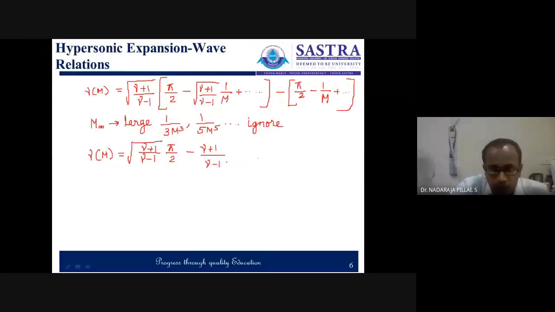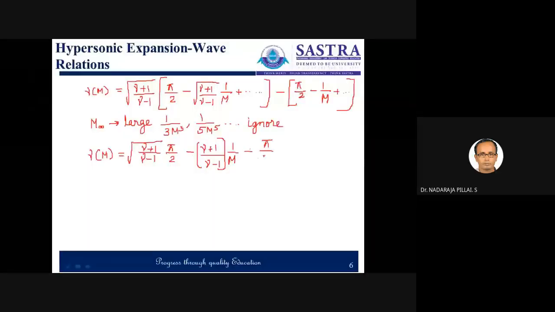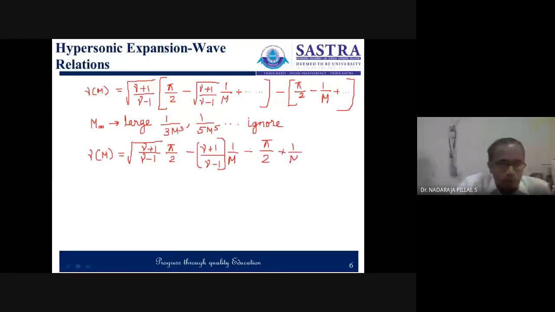Minus, if you multiply gamma plus 1, it will become gamma plus 1 multiplied by 1 by m, plus, okay, then we go to the next point, pi by 2, right? So this is the equation we have now, mu of m, right? So let us say this is equation number 3.